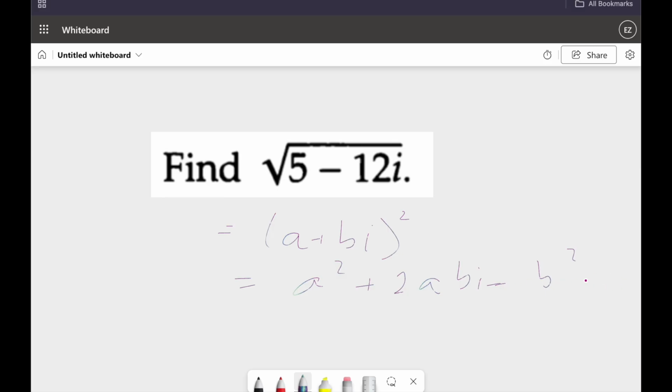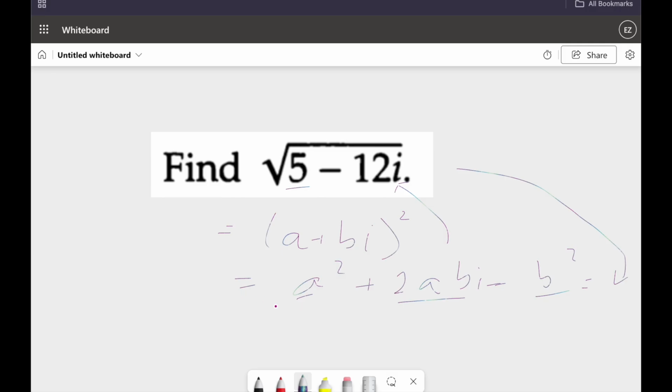And this should be equal to 5 minus 12i. Okay. Then 2ab should be equal to 12, and a squared minus b squared should be equal to 5.